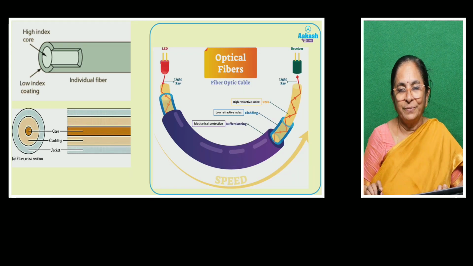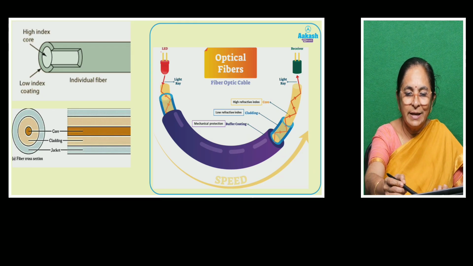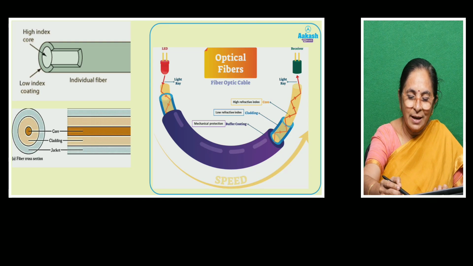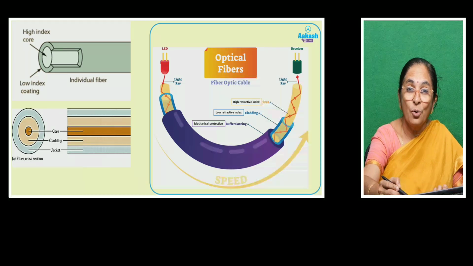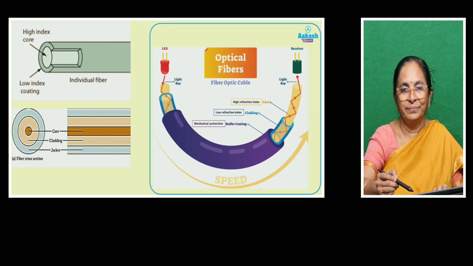And in this picture, exactly what's happening we can see. Using LED or laser diode, we allow the light ray at certain angle and allow it to enter into the core of the optical fiber.